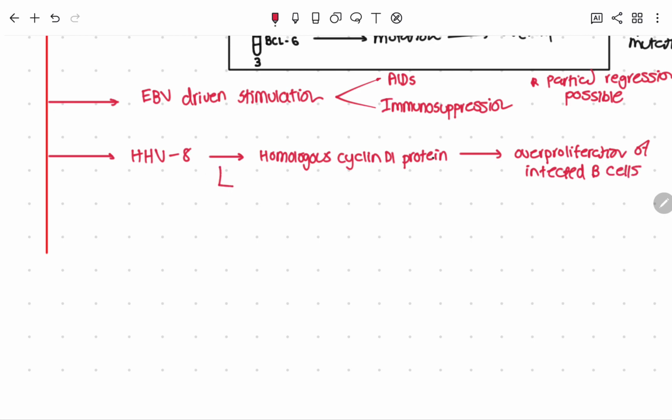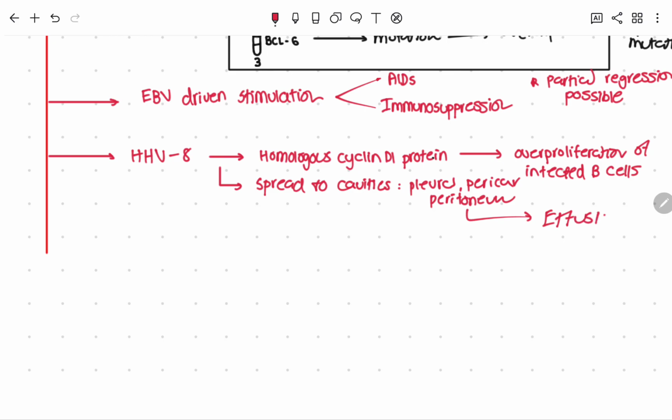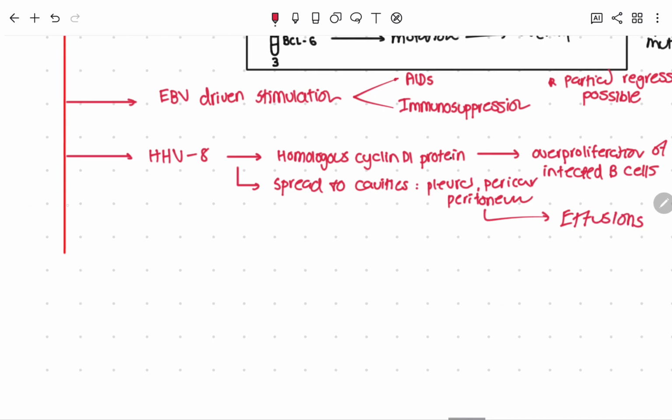And clinically, these are the ones that spread to cavities. This could be your pleural cavity, could be the pericardial cavity, it could be the peritoneum, and this can lead to effusions within these cavities.